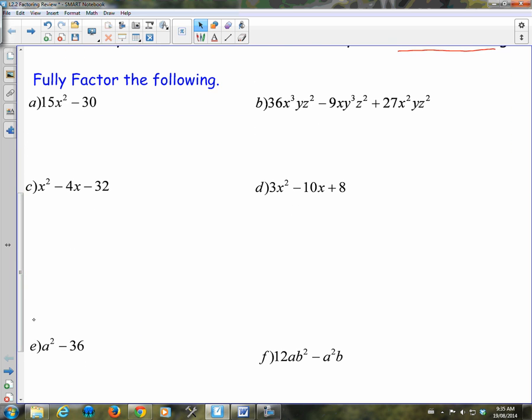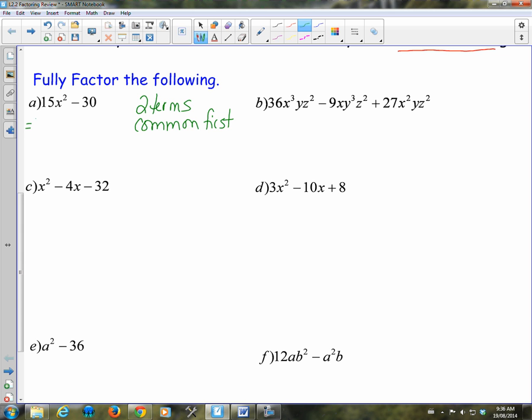So here are our examples. First one, the first thing I notice is that there are 2 terms. Next thing I remember is that I'm supposed to try to common factor first. When I look at 15x squared minus 30, they will both divide by 15.